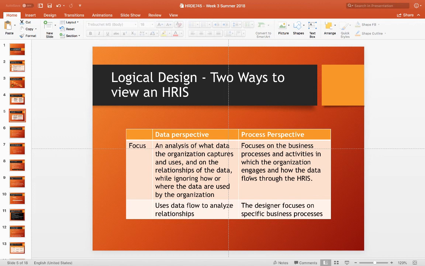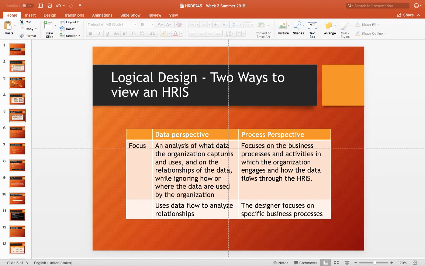But at that particular moment, you're ignoring how or where the data is being used by the organization. You don't care what department, what organization, you just care about capturing what it is and how it is being used. You could record for your own purposes which department, but it's not the central focus of the understanding of the data perspective.